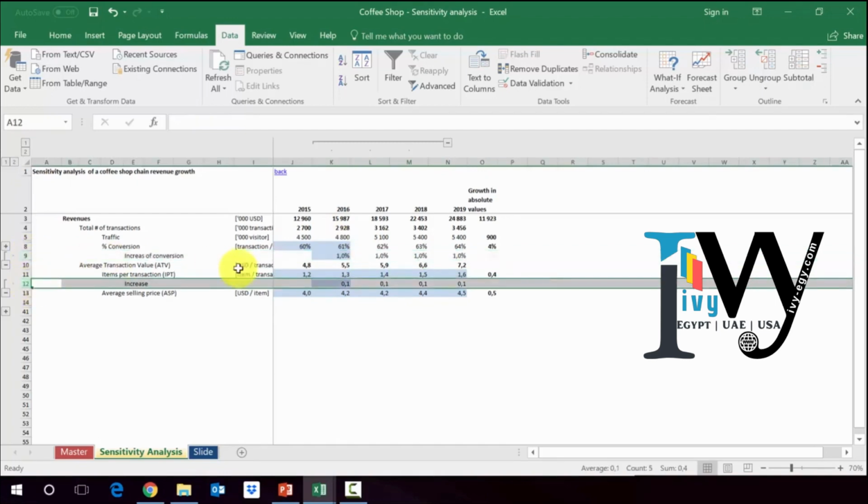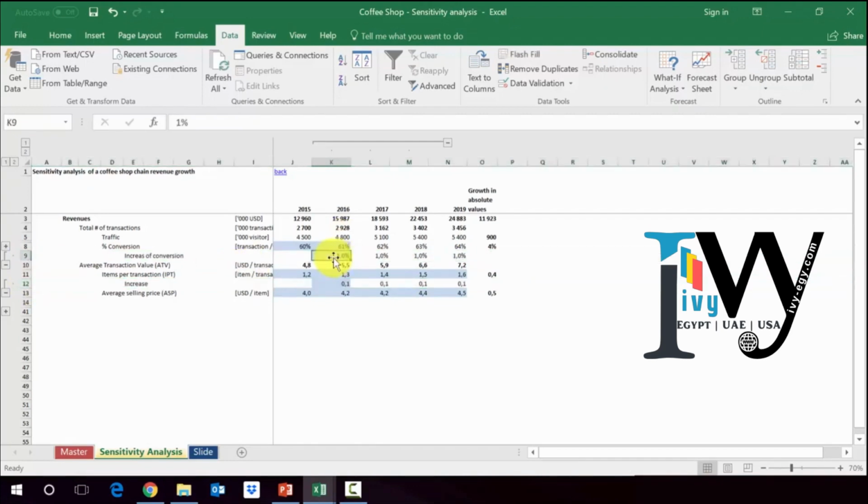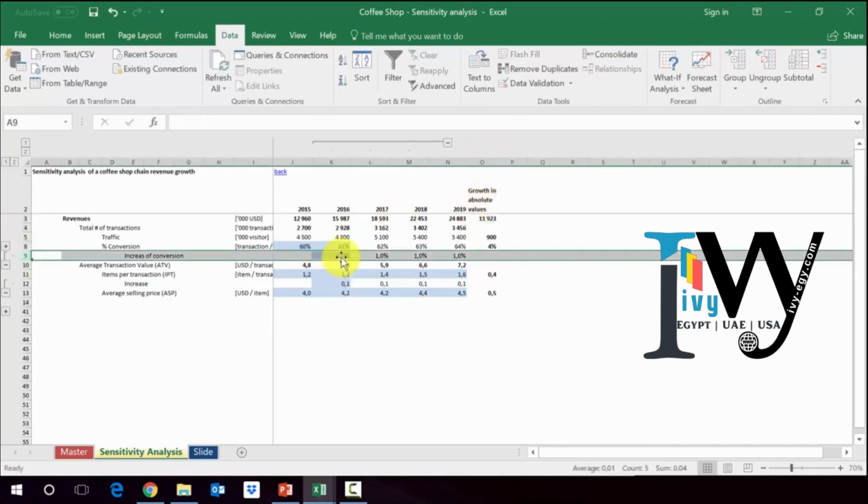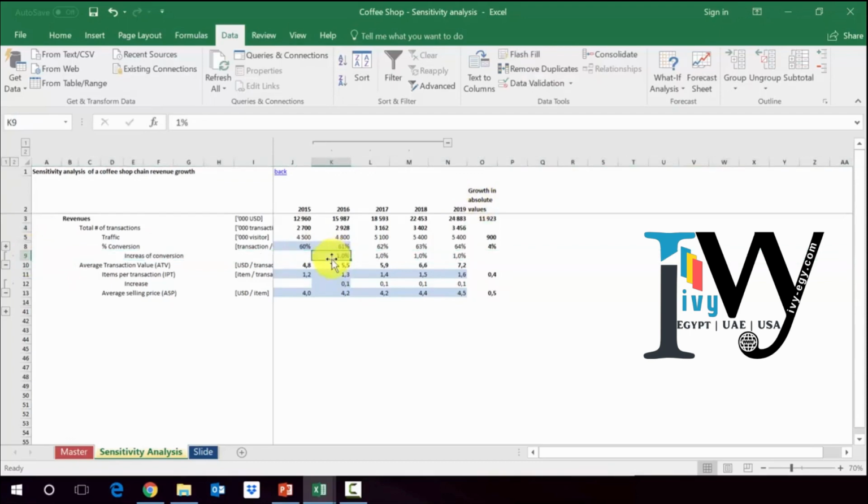Now we want to create a sensitivity analysis for those two factors. In other words, by how much we will manage to increase the revenue over the periods we have here, depending on the planned increase. Is it 1 percentage point or lower? And the same goes for the increase in IPT.